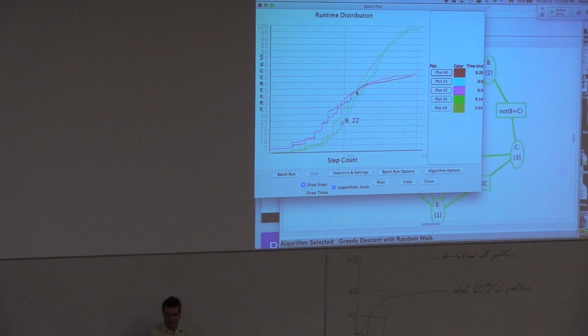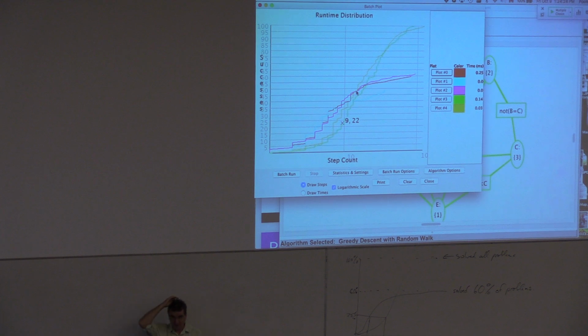Any other questions? When would you need to solve only 25% of the problems? If I could solve a problem in 25% of the runs, I can try a number of times. I can try it 10 times, and I'm very likely to solve it. The probability that I fail to solve it 10 times is very low.